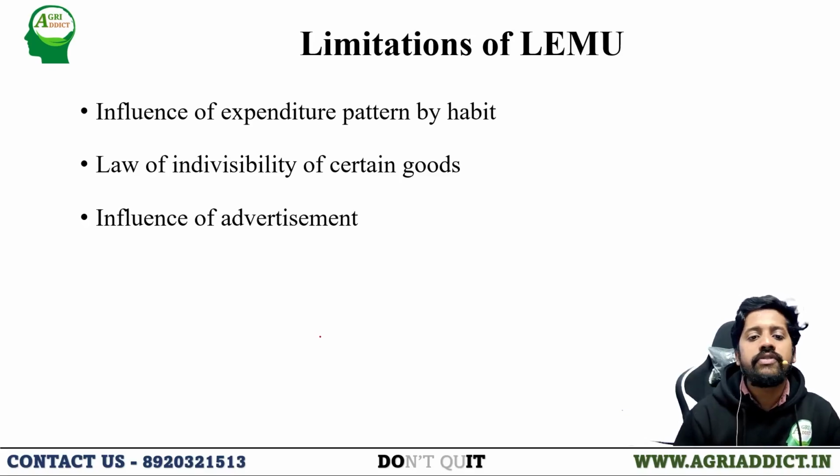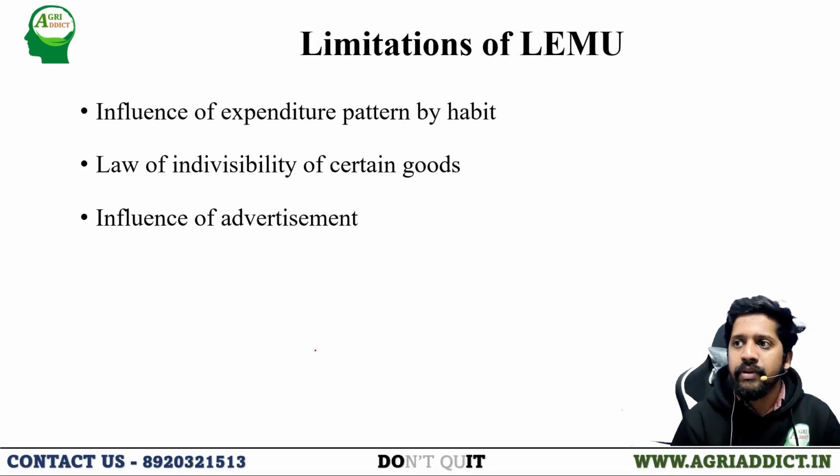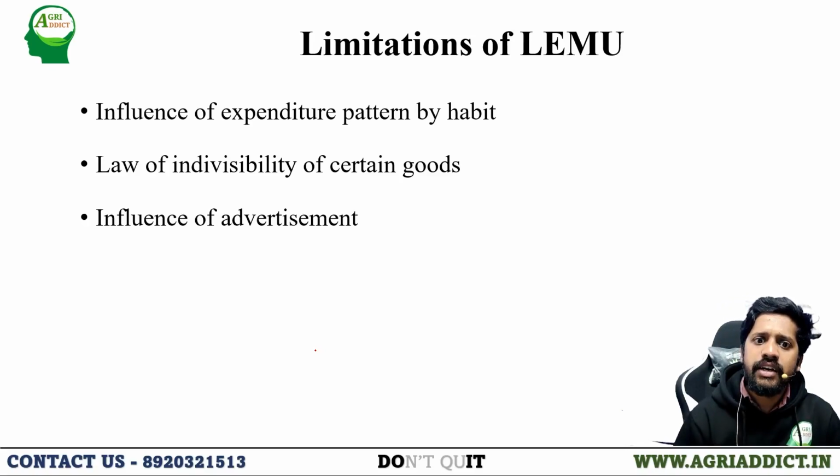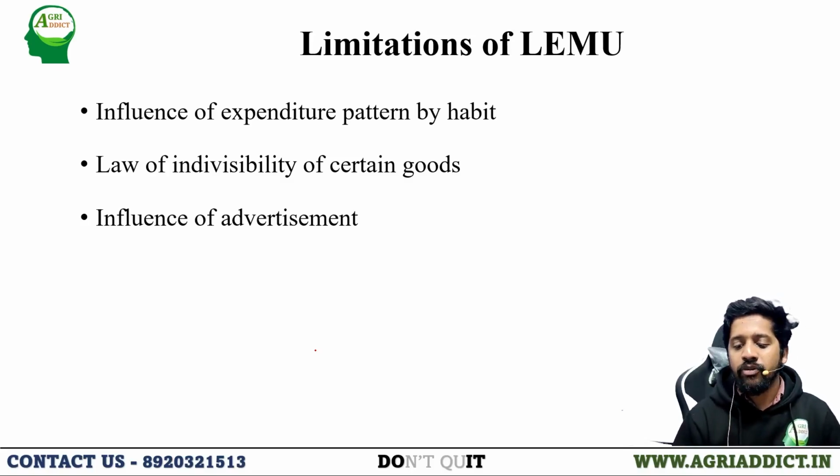We are easily convinced or influenced by ads. So while advertisements are happening, even if the marginal utility that we derive is lesser, we might spend much of the budget even if the satisfaction we derive from the commodity is really less. So the influence of advertisement is another limitation for this law of equimarginal utility.